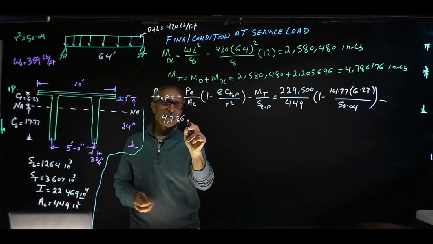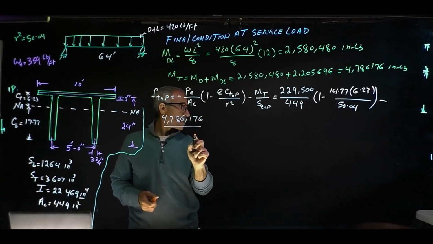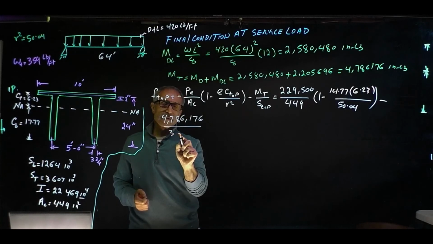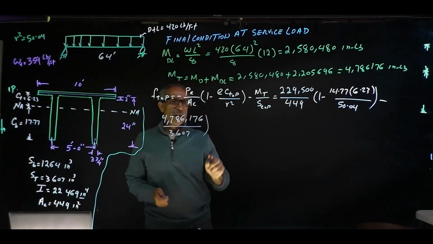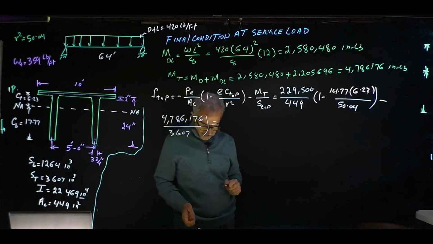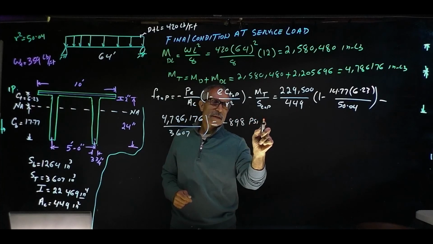4,786,176 divided by 3,607, and that comes out to minus 889 psi.